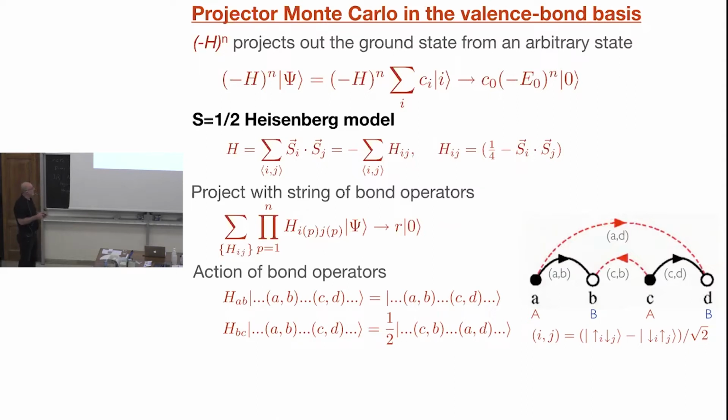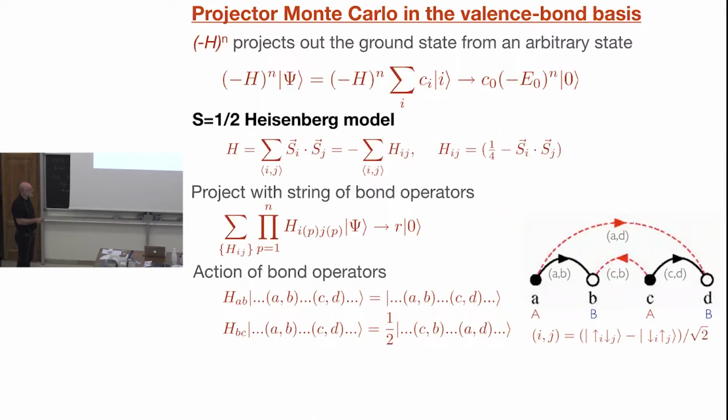So what happens when a singlet projector acts on a bunch of singlets, the spins paired up into singlets? Let's look at this example: I have a singlet here between A and B, and one between C and D. I use that notation in the kets on the left side. Now, there's a sign in the singlet, so we have to be consistent in our definition of in what order we write these.